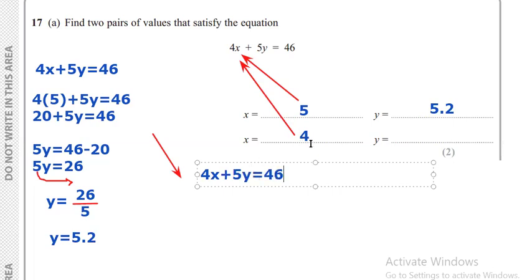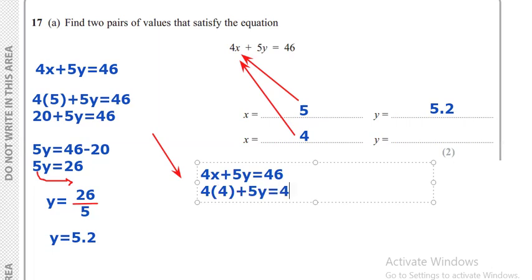And we said that x this time is 4. So I'm going to remove the x and put bracket 4. So 4 bracket 4 plus 5y equals 46. Follow the same steps. 4 times 4 equals 16, plus 5y equals 46.